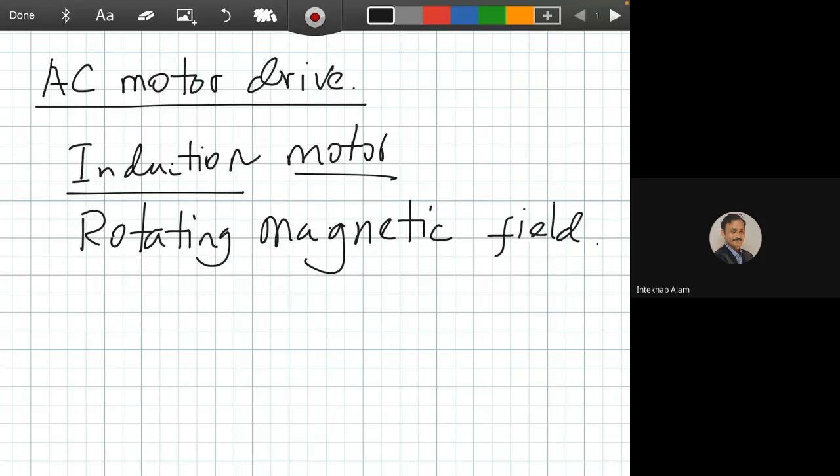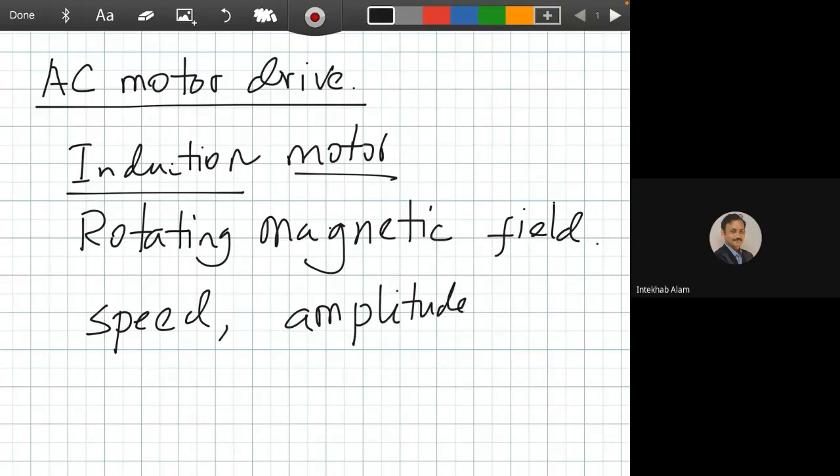So if we change the speed of the rotating magnetic field and the magnetic field amplitude, or the magnetomotive force, MMF, we can control the power, we can control the torque, we can control the speed.